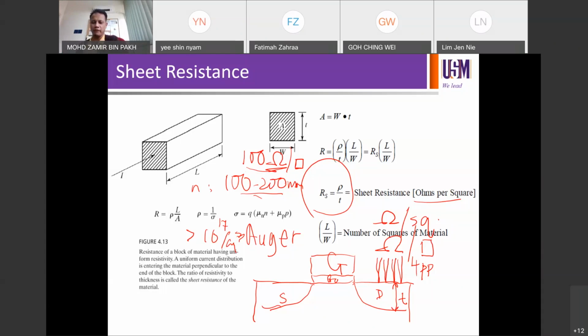Okay, so we have Auger recombination. When you dope your channel, your emitter, or your blanket layer at a very high doping, of course it's going to improve the conductivity and reduce the heat resistance, but it comes with enhanced recombination as well.